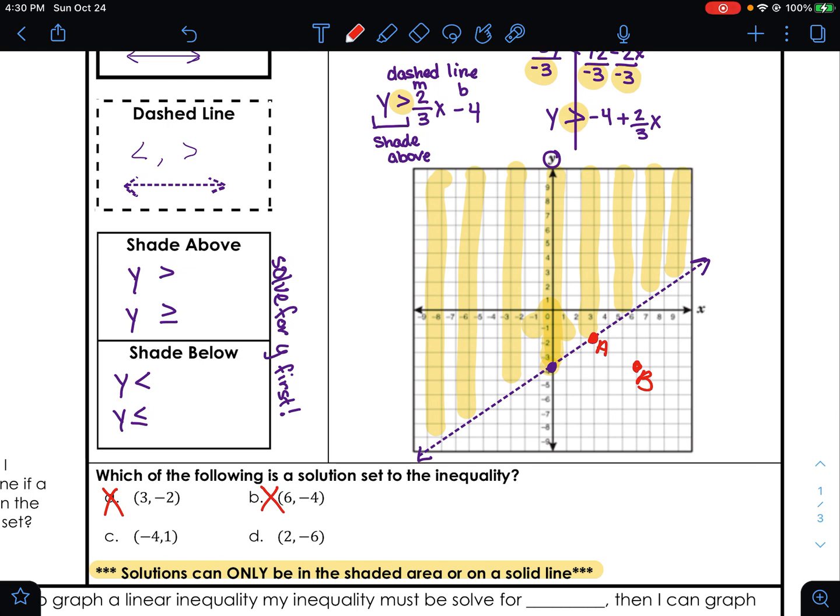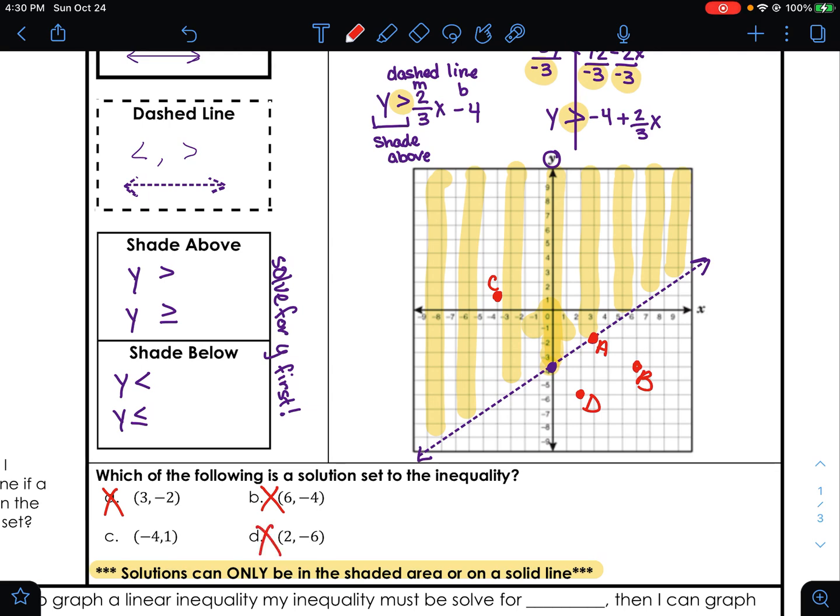We have -4, 1, which is over here. It is in this shaded area, so far so good. Let's go ahead and check D just to be sure. 2, -6 is somewhere over here. Again, not in the shaded area.